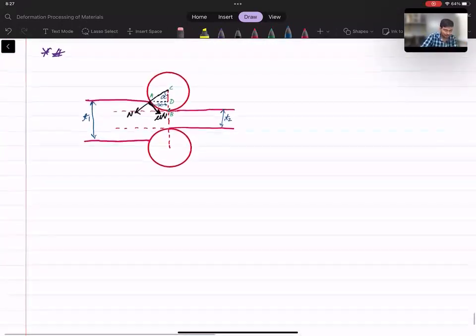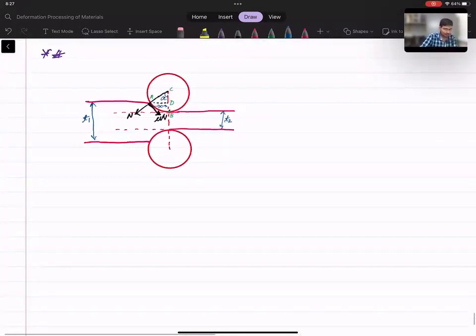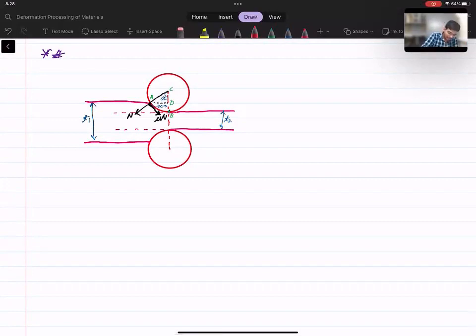Okay. So suppose my rolling operation is being done, then in that case, the projected length is nothing but this particular distance AB.